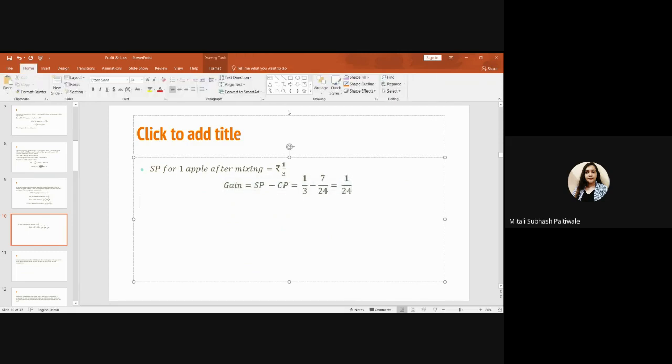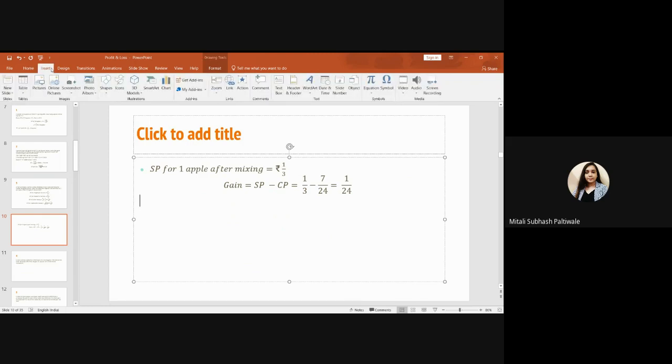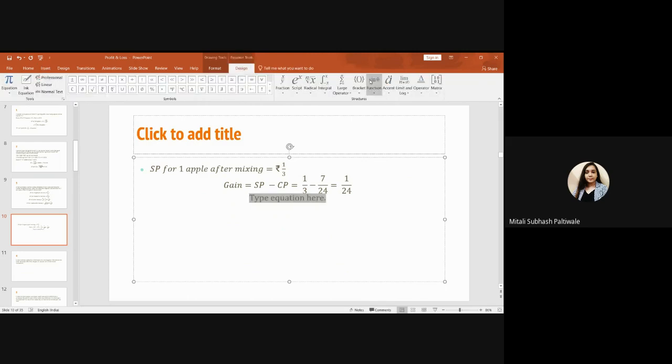Now we have to find how much gain percentage is there. So let's put down the formula for gain percentage. Gain percentage is equal to gain by CP into 100. The gain is this much.